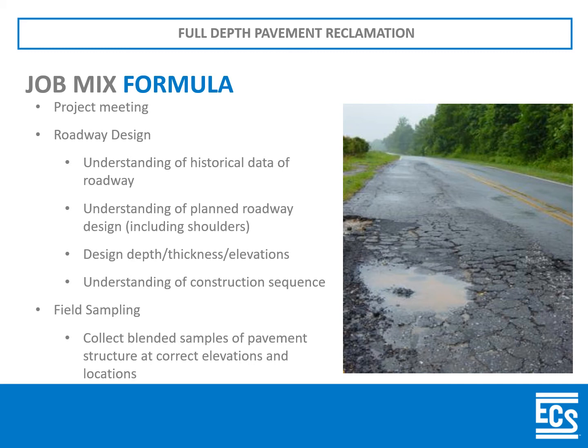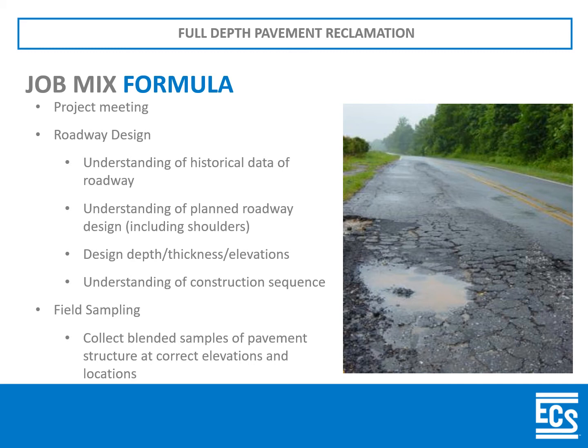As I said at the onset of this presentation, VDOT, or VDOT's design engineer of record, has already determined the new pavement design, which includes the FDR thickness that makes up their design. So we need to understand exactly, because of elevation, the thickness of our sample depth.